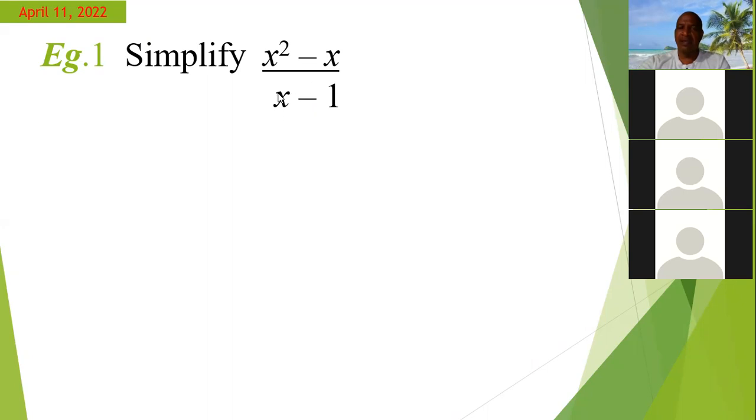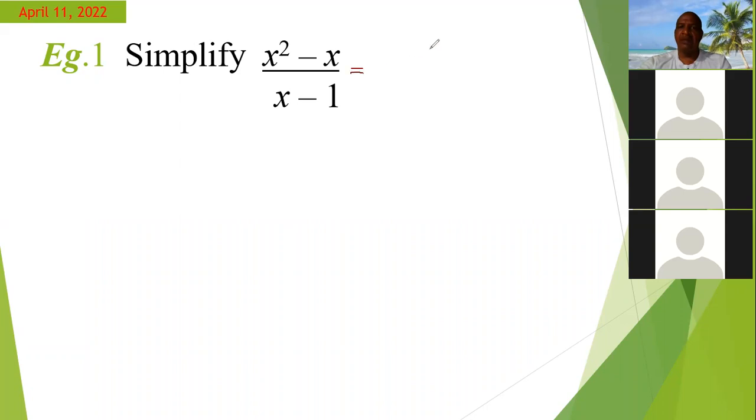Once it is by itself as an expression, it is a single unit, and you have to treat it as a single unit. So the first thing that you want to do here is to look at your expressions, both in the numerators and the denominators, and see whether any of these expressions can be factorized. If you have any that can be factorized, you factorize it.